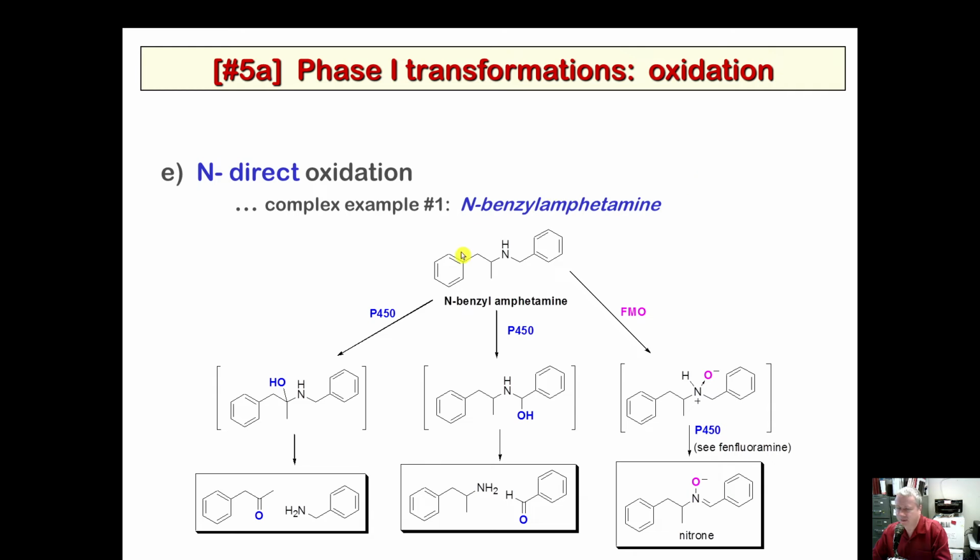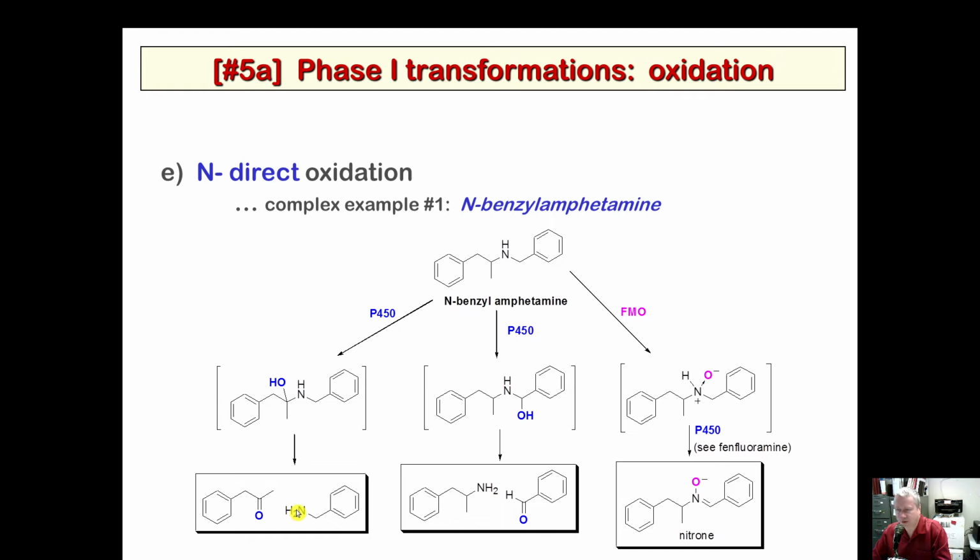Okay, N-benzylamphetamine, another secondary amine. What are some of the things that can happen to a molecule like this? Well, P450 can oxidize the carbon and make, what's that called again, not hemiacetal, the hemiaminal. Then these are always labile for cleavage, so the oxygen kicks down, the nitrogen gets broken off, and you make a ketone and an amine.